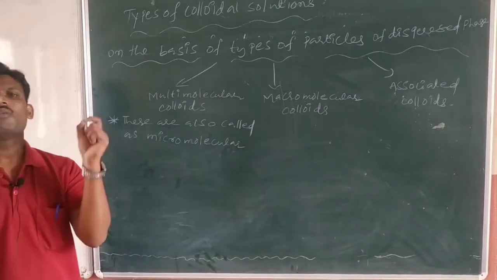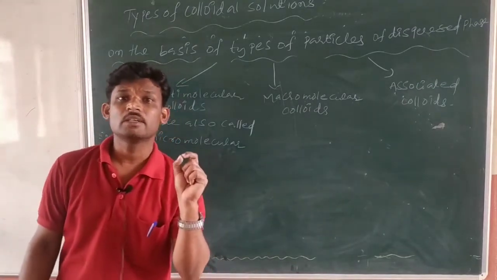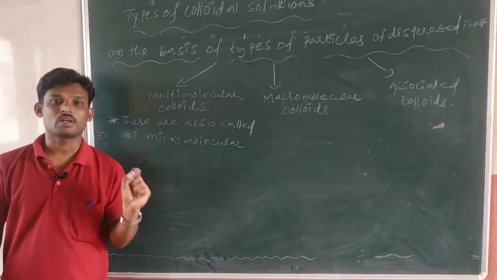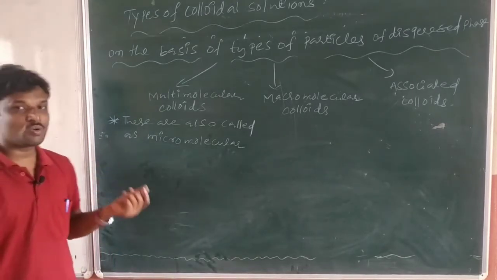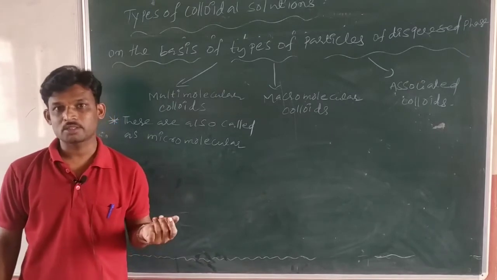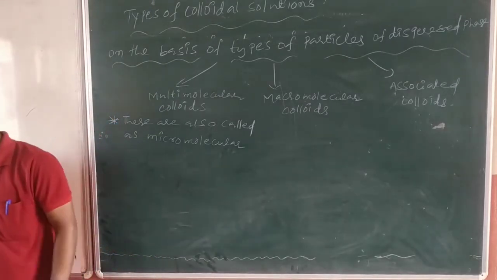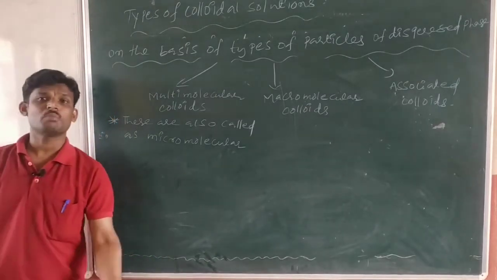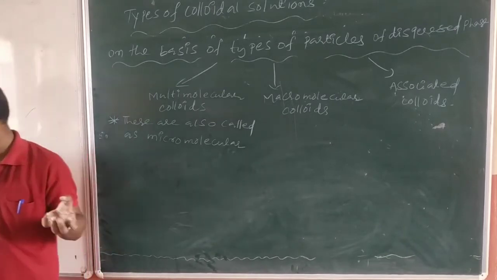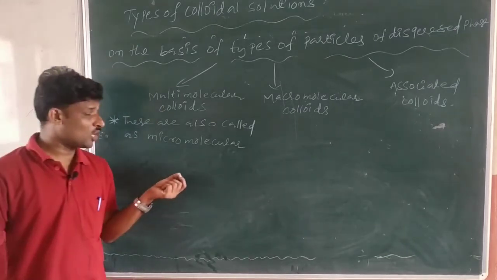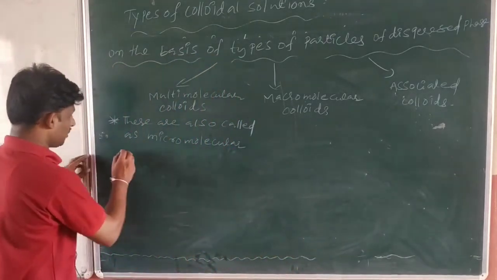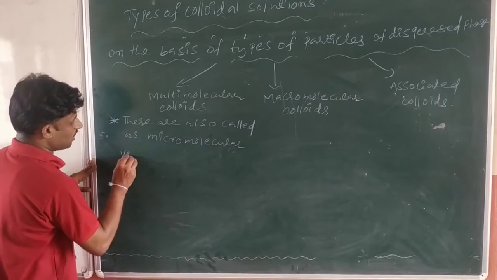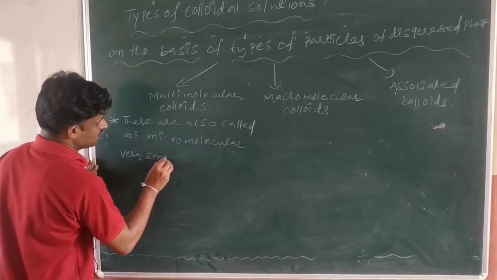Because here very small sized dispersed phase particles participate to form the colloidal solution. Otherwise we may say a large number of small sized particles. These have a diameter less than 1 nanometer, very small size.